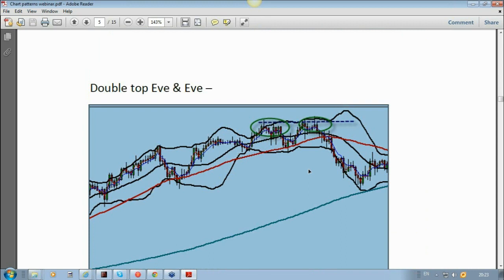Even Eve, it looks ugly, isn't it? It looks like a fat, big, ugly double top. This is, by the way, the one I don't like personally, but this is how it looks like. Okay.